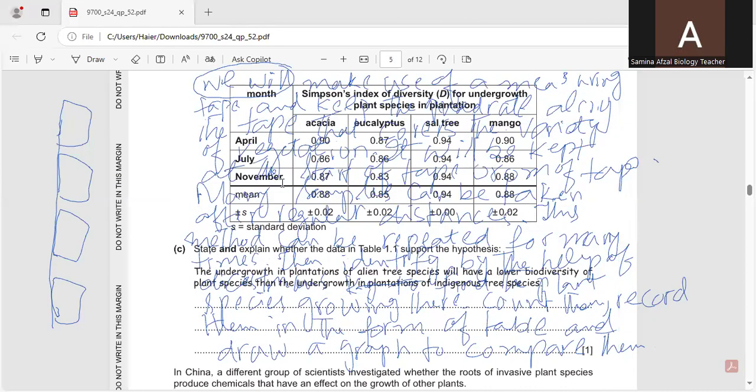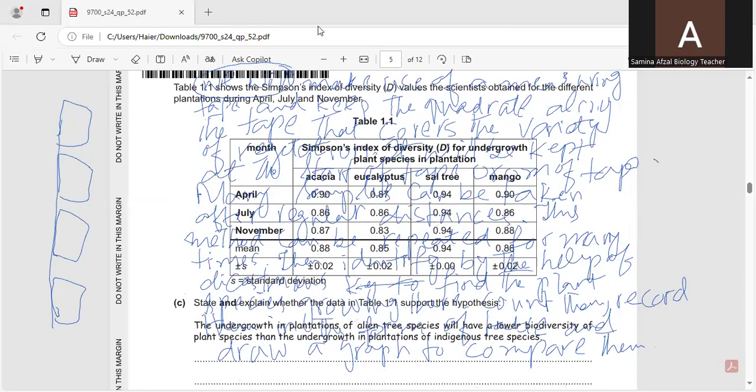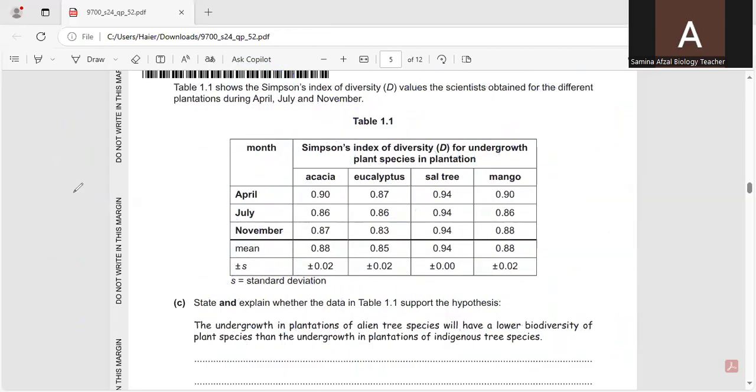Now we are moving towards the next part of the question. Table 1.1 shows the Simpson's index of diversity values the scientists obtained for the different plantations during April, July, and November. You can see the different months, and the mean values for acacia are 0.88, 0.85, 0.94, 0.88, so almost they are overlapping, and the standard deviation is 0.02 for acacia, the same for eucalyptus, and the same for mango.